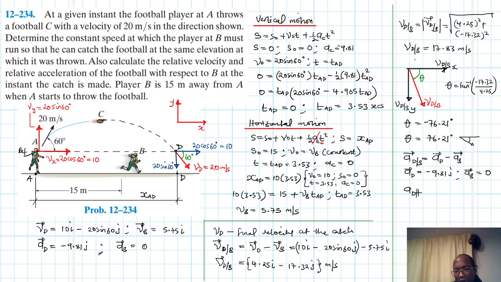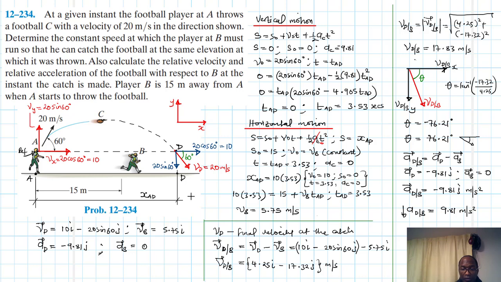Therefore, a_D with respect to B will just be equal to minus 9.81j meters per second squared, or a_D magnitude, the acceleration going down, is just equal to 9.81 meters per second squared.